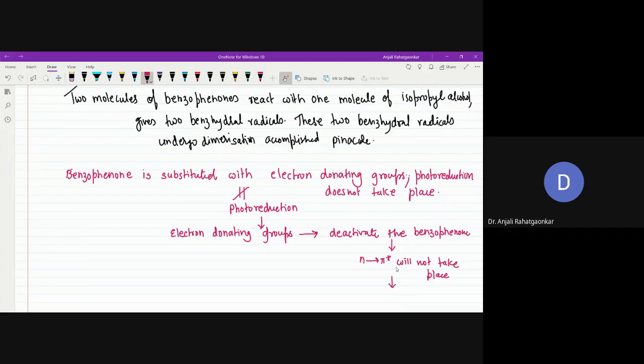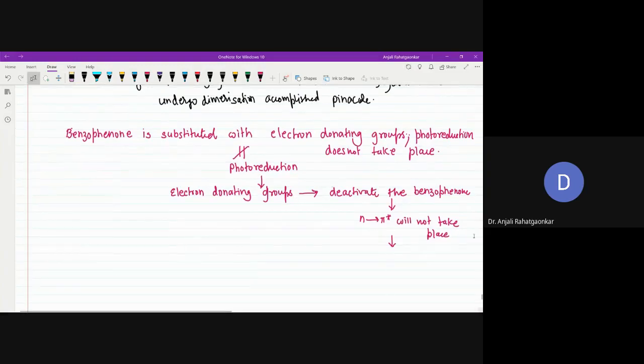Right. So if electron donating groups are present in the benzophenone, what is going to happen? The benzophenone moiety is deactivated, and the n-pi transition will not take place. But what is happening here?